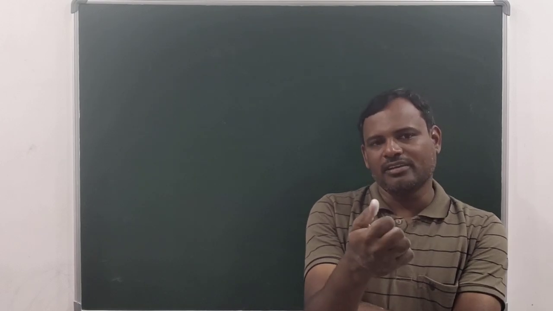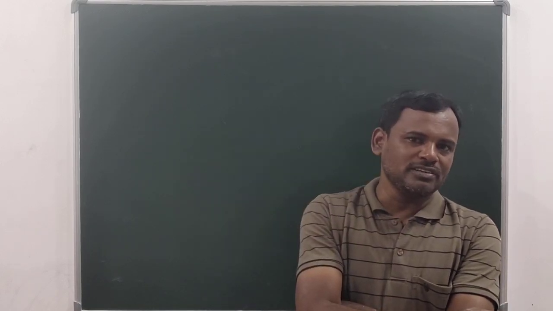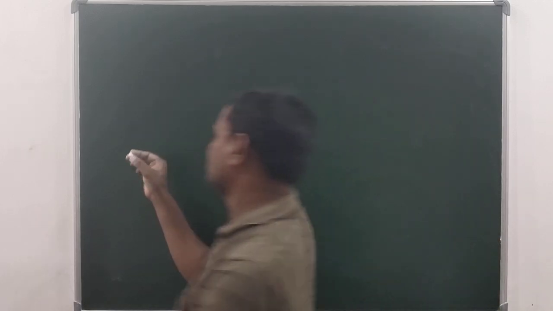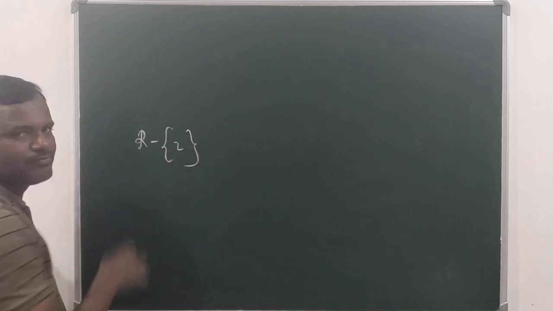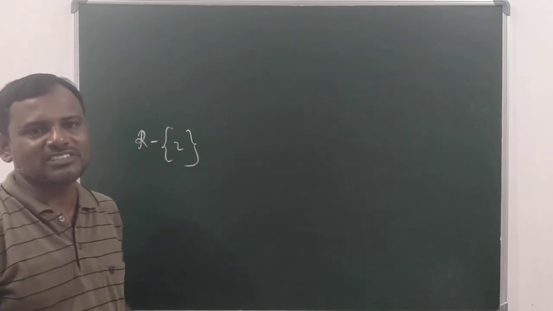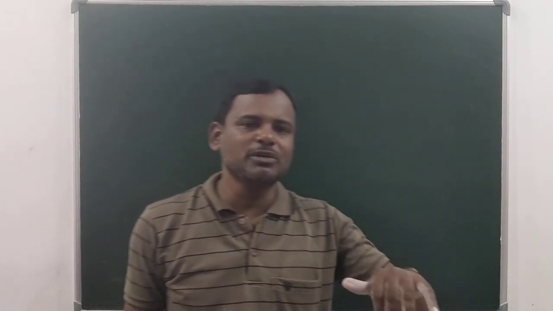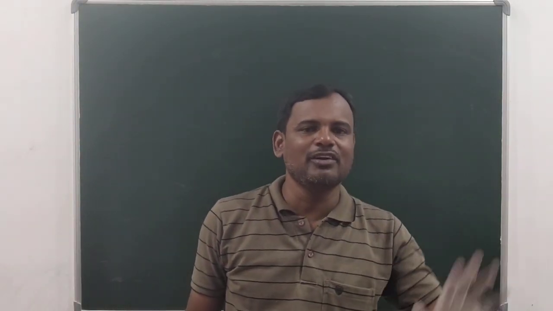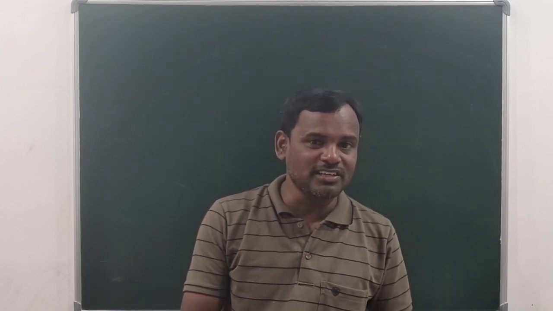Here I took a rational polynomial function. Actually, what is its domain? R minus 2. At 2 it was not defined, no? Actually, a function must be continuous in its entire domain. You know how to determine the domain of a function.